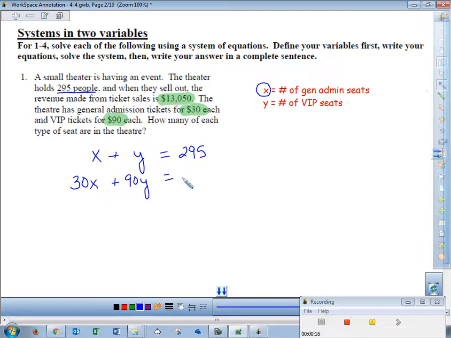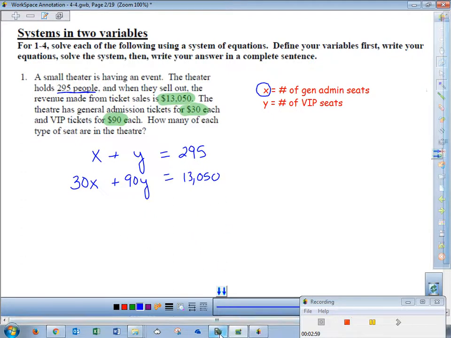That'll equal the total of $13,050. Notice you don't need to put the dollar signs in this situation. It's just using nothing but the numbers. Boom, there's our system.